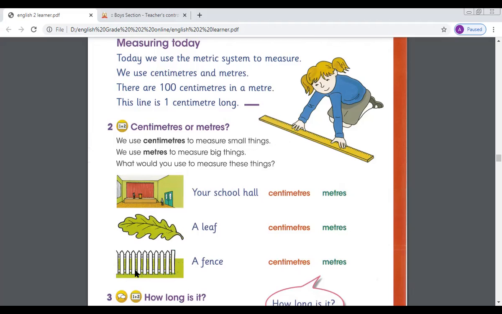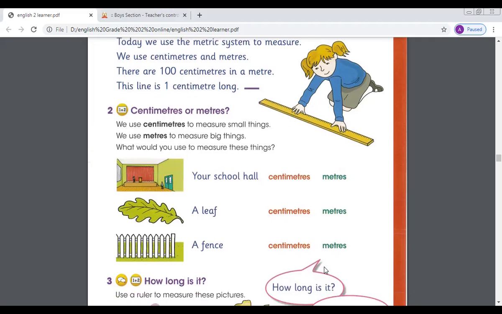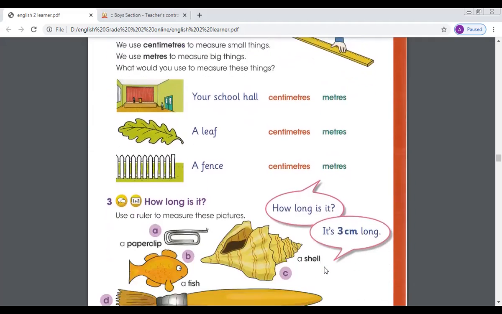And this is a fence. A fence is around the farm, or around the house, the garden, and the park. When you go to the park, you can see the fence around it. This is long, so we use meters, not centimeters. Which unit do we use? Meters.